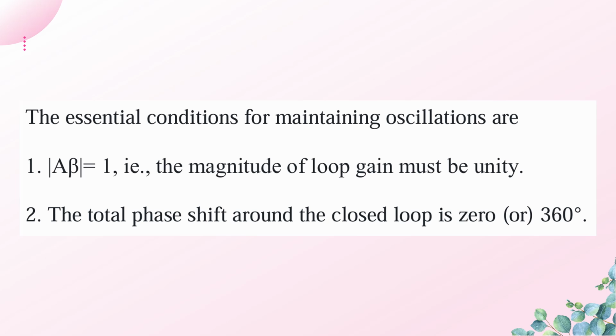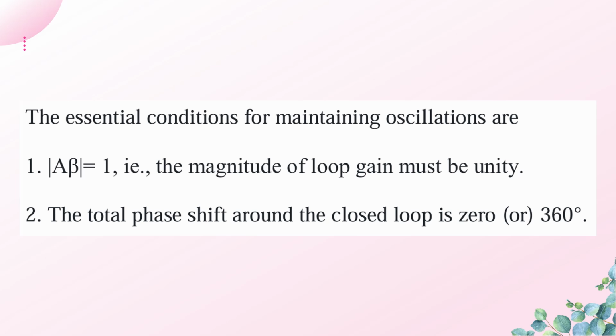Next, let's see what is the essential condition for maintaining this oscillation. So, oscillations occur under two conditions. The first condition is modulus of A beta equal to 1, where A represents the magnitude of the open loop gain and beta represents a small fraction, that is the feedback factor.